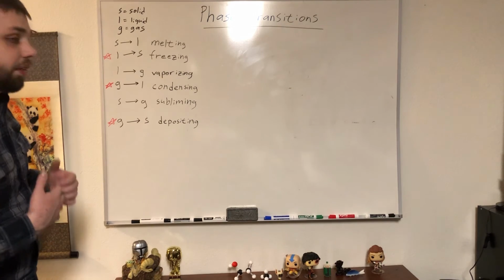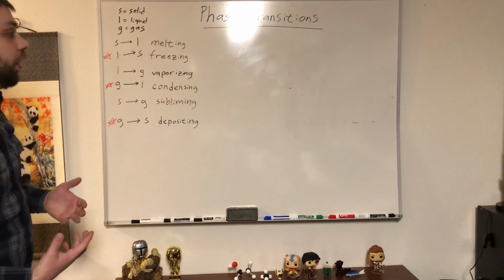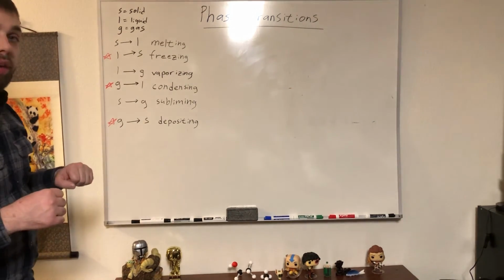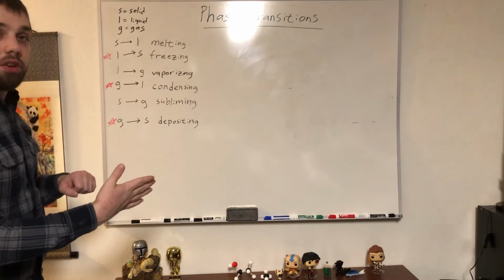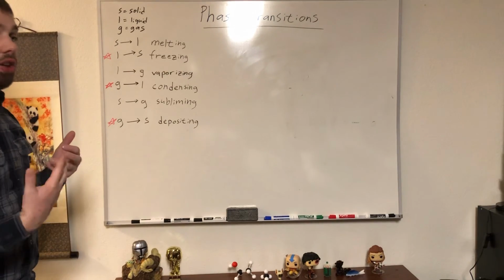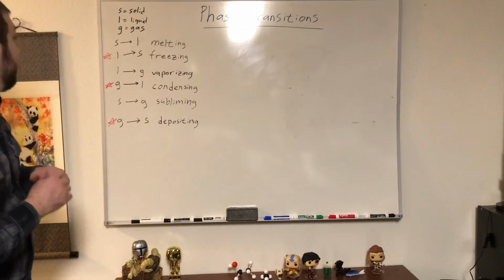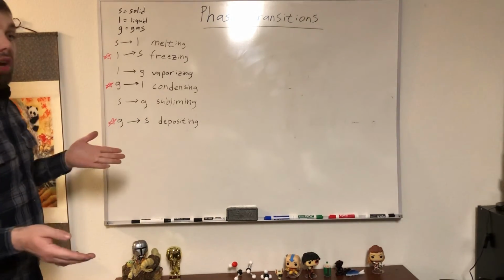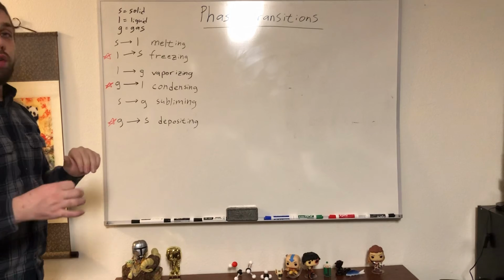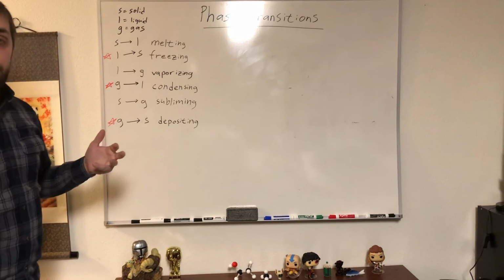So as I mentioned earlier, whenever you break a chemical bond, it requires an input of energy equal to the energy of the bond. But the opposite is also true. So when you form a bond, it will release energy.